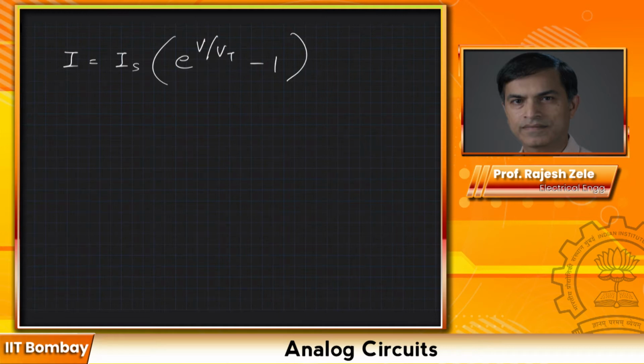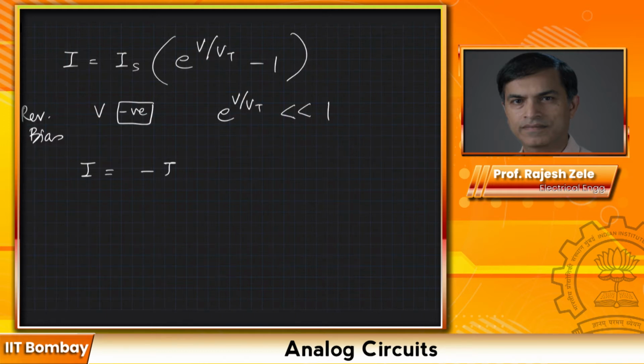If V is negative, which means we are in reverse bias condition, then e to the power V divided by Vt will be much less than 1 because V is negative, and in that case your current I will be equal to minus Is, and that would be your saturation current.